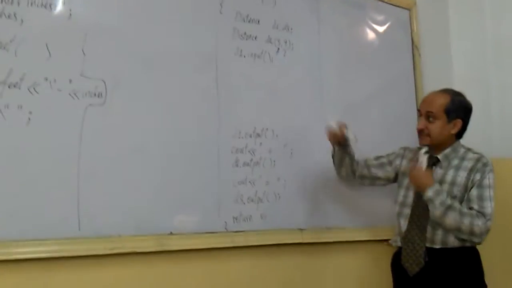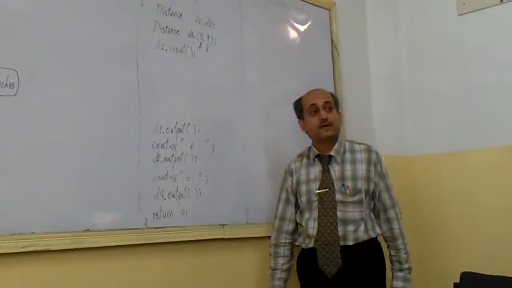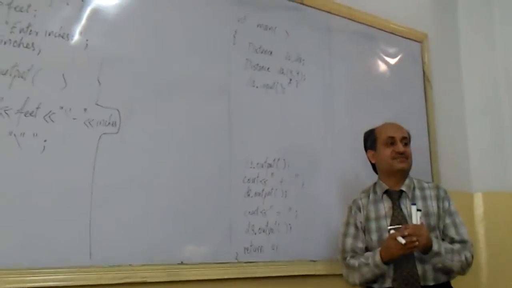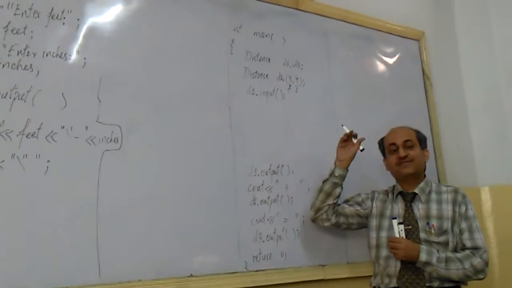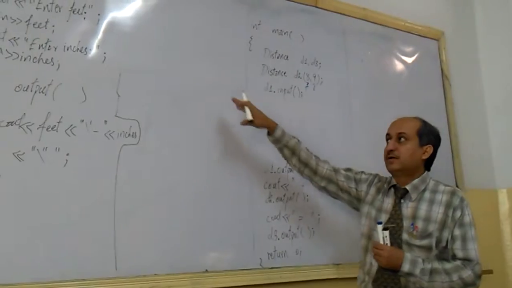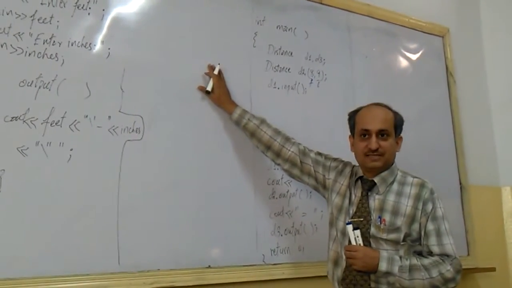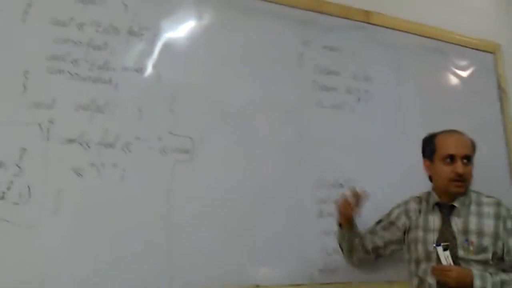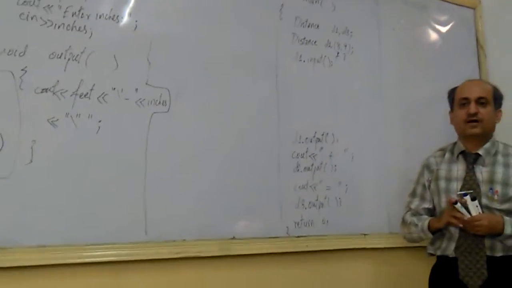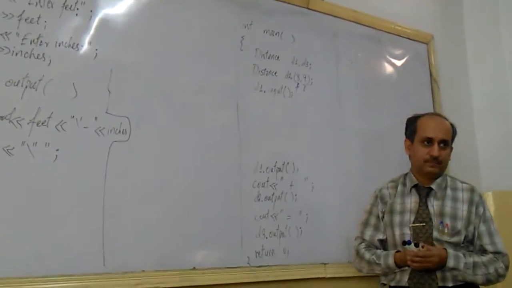Now we have some space for calling our add distance functionality inside the main program, and we shall be writing code for the add distance function or method inside the class definition. The important thing is, first of all, what should be the function name?